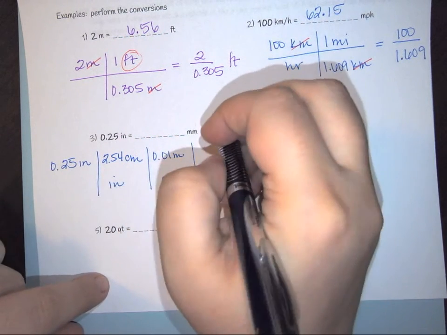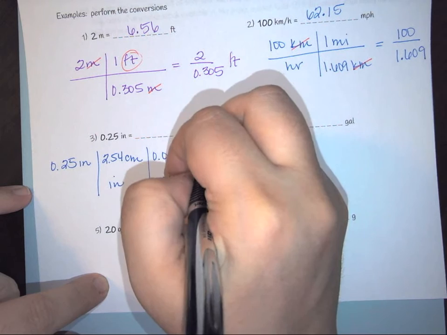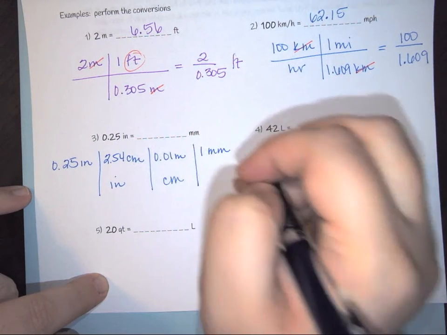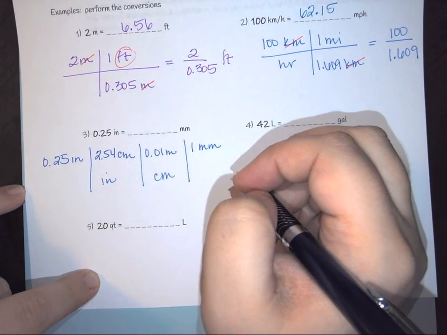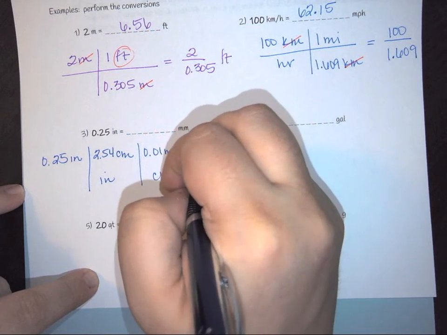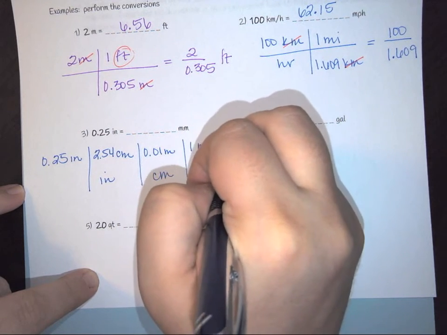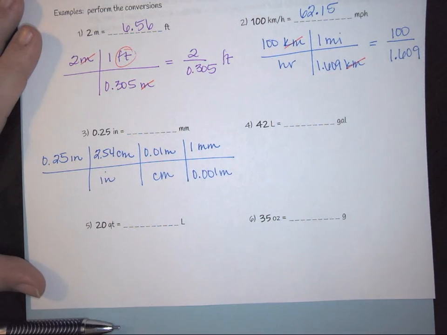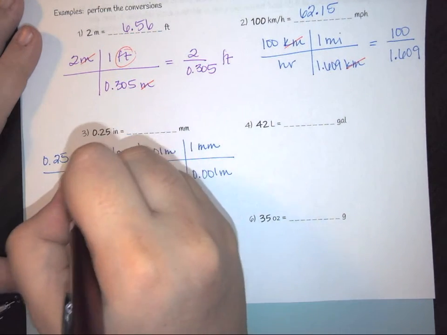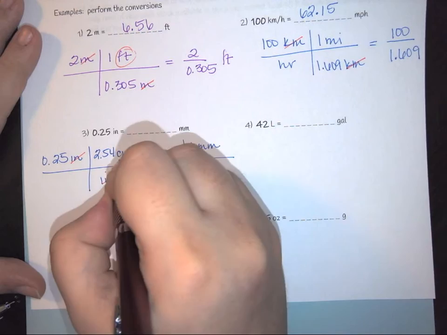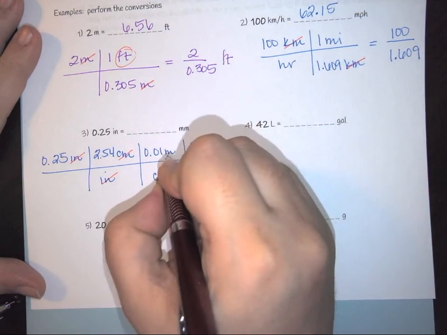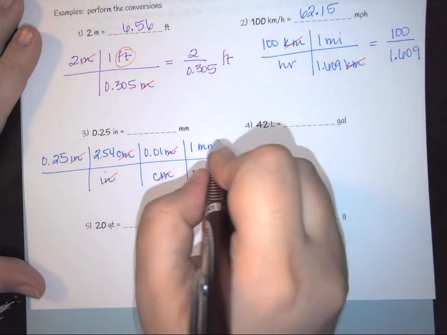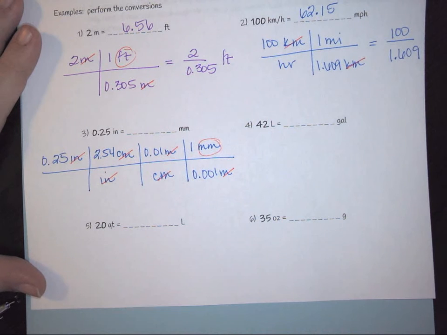And then with that, I also know that I have a millimeter to 0.001 meters. So if we look carefully, we have inches top and bottom, centimeters top and bottom, meters top and bottom, leaves me with the millimeters I want.